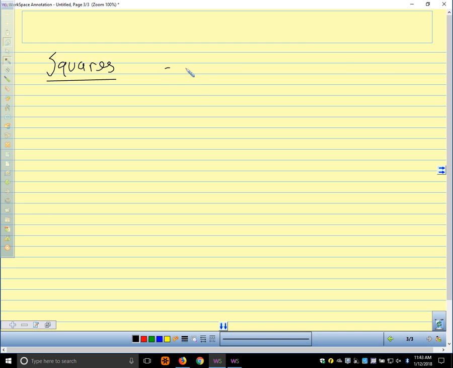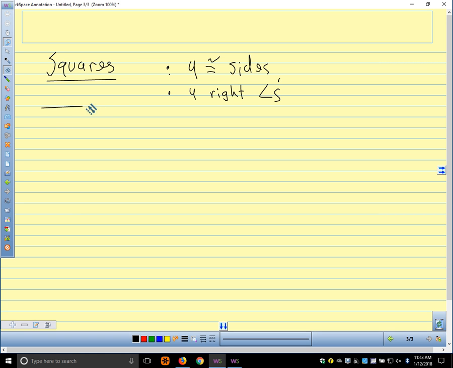The way we usually think of squares is 4 congruent sides, 4 right angles. So if you wanted to draw that on your square on your graphic organizer, 4 congruent sides, 4 right angles.